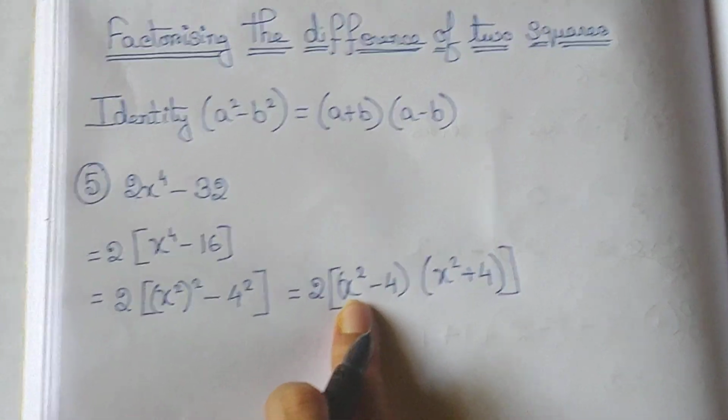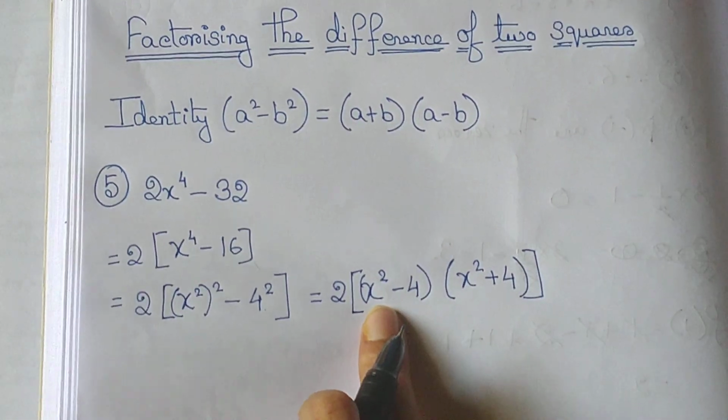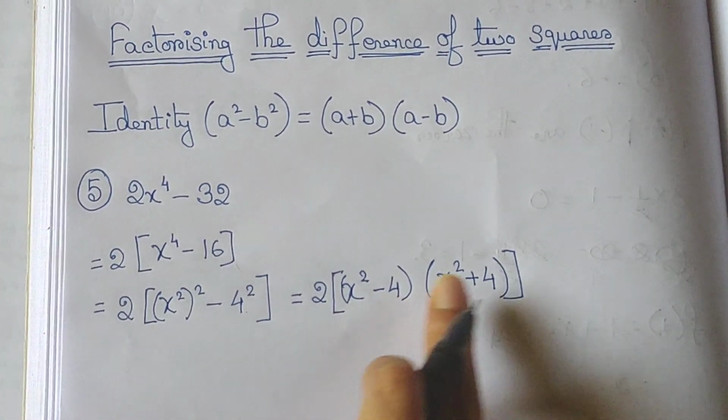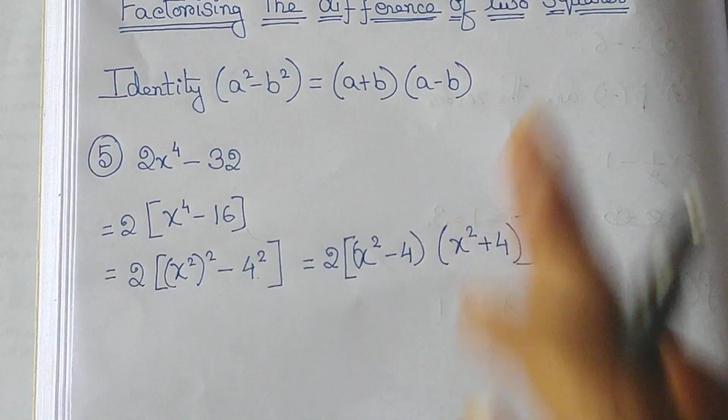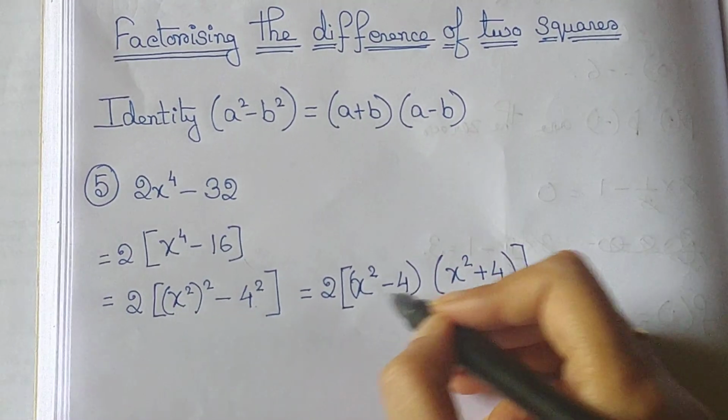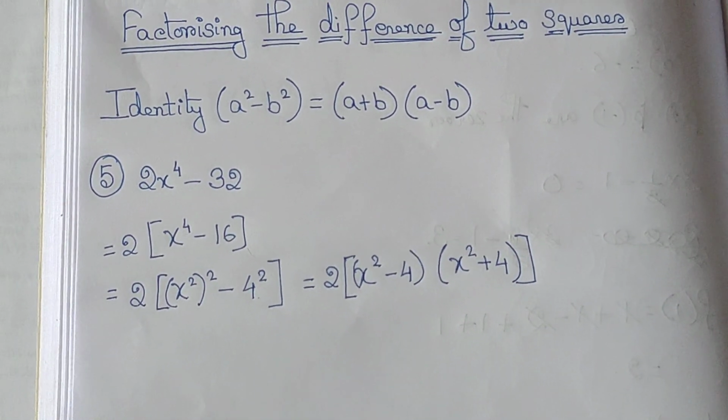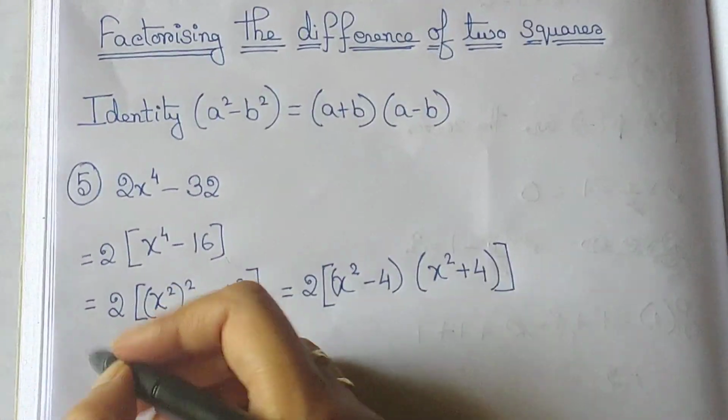So a plus b, a is x square, so I have written x square minus 4, then x square plus 4. Now this x square minus 4 can be further factorized.